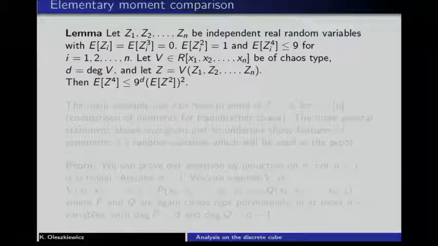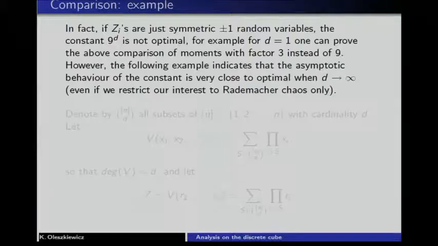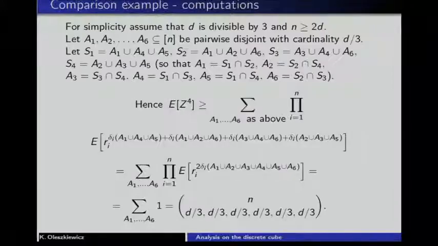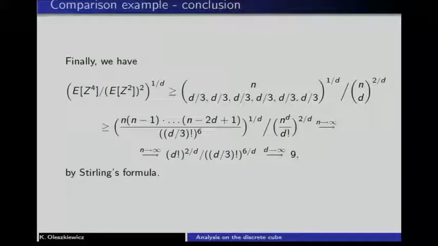Okay, so the constant 9 to the power d here is not optimal. For example, when d is equal to 1, you can prove the inequality with constant 3, not 9. But this is the optimal asymptotics in the sense that when d goes to infinity, you can show for some particular function that the dth root of this ratio is bounded from below by 9.